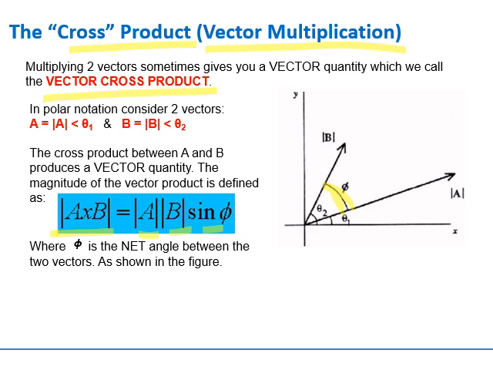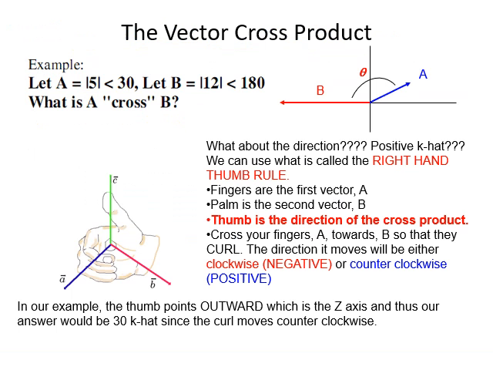We can find the vector cross product by using matrix form, but just make sure that whenever you have two vectors and you are doing the cross product, the third vector gives you the direction, which you can find by using your right hand thumb rule. Your palm is the second vector B, fingers are the first vector A, and you will get the resultant by your thumb.